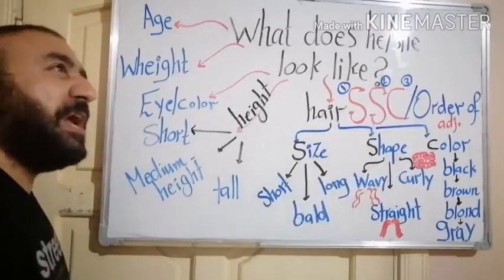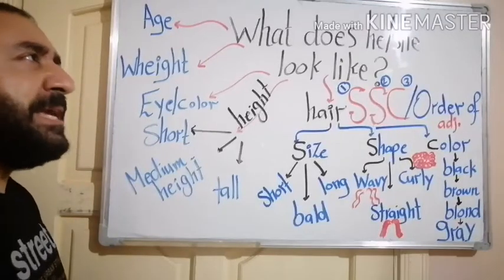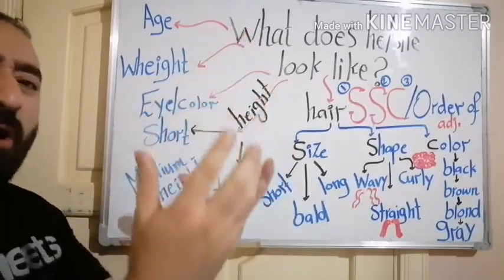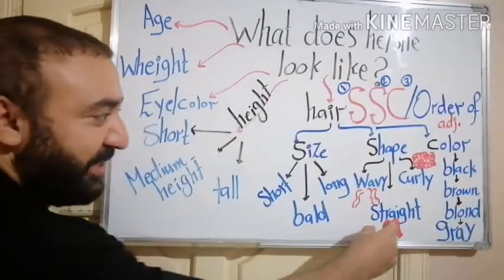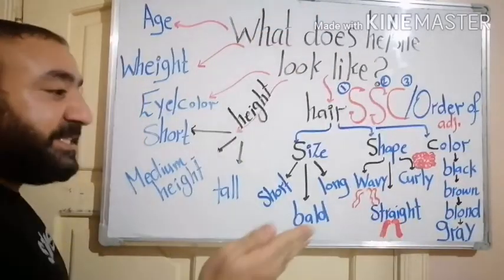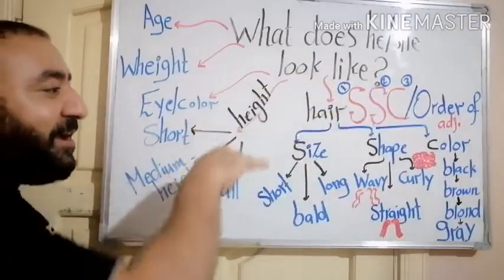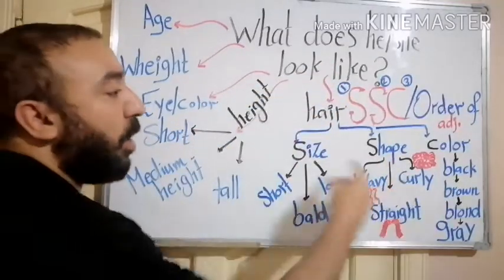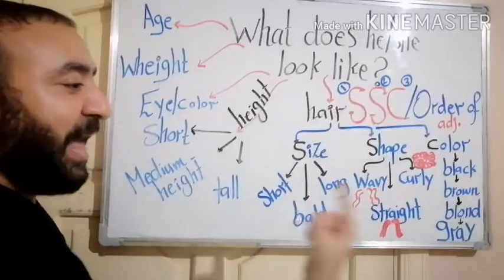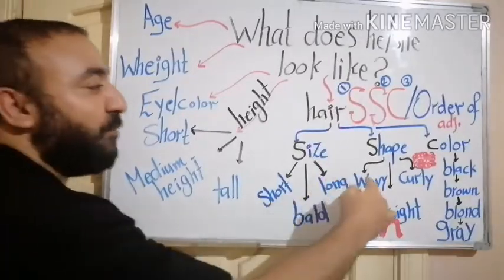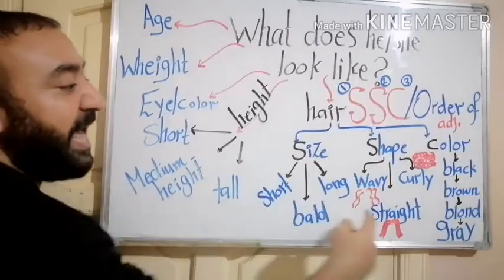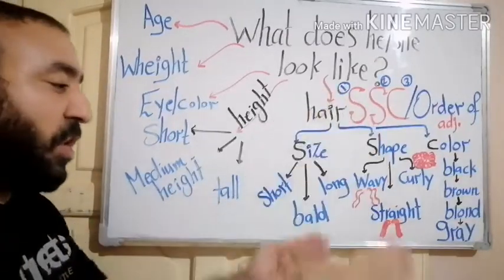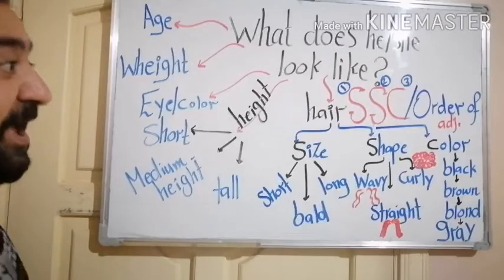Number two, we have shape. Shape means the form of the hair. Is it, for example, straight, like this, straight hair? Is it wavy, like waves, wavy hair? Or curly, like circles? So we have wavy, like waves, curly, like circles, and finally straight, no waves, no circles.